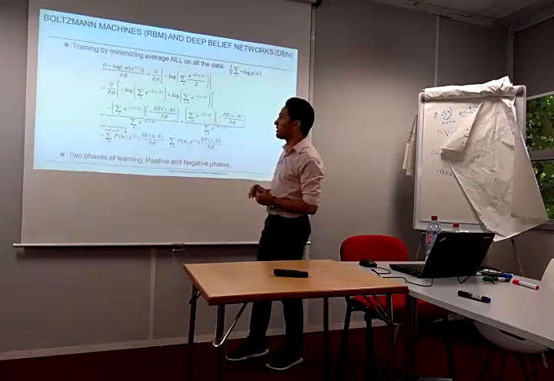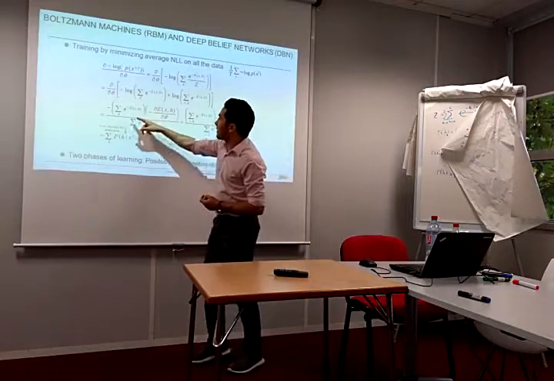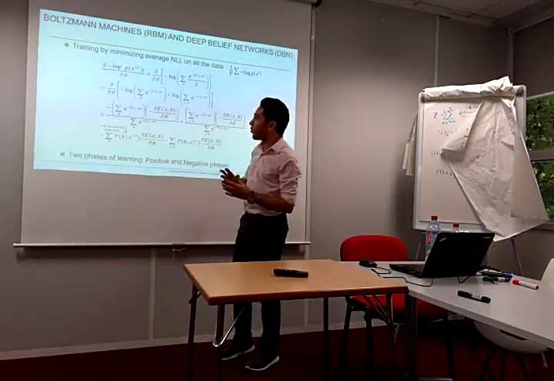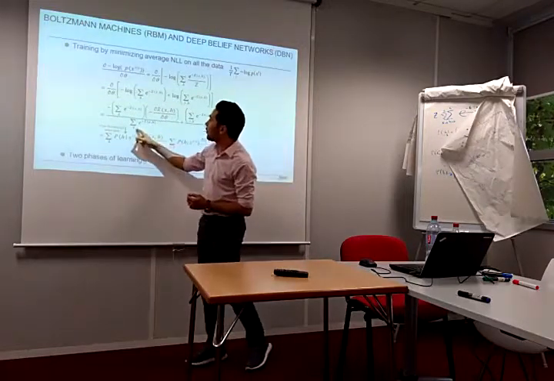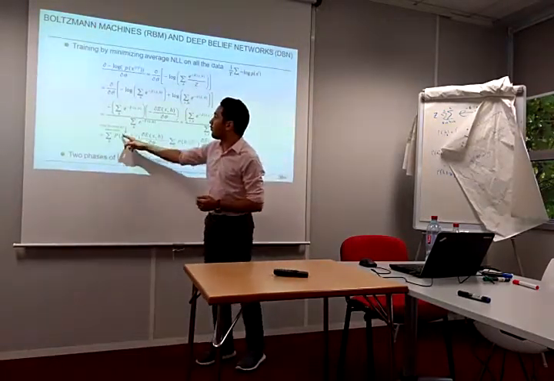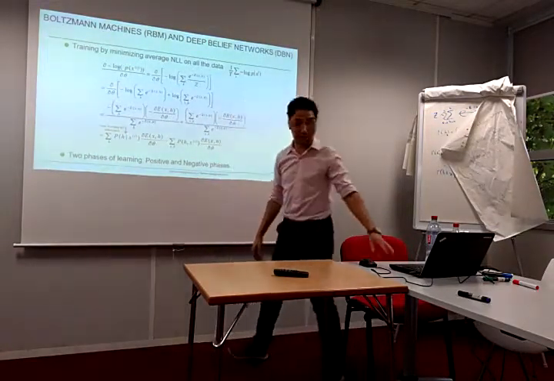Let's even simplify this more. So this minus is cancelled with this minus, and this term is here. And we can say that this term here is p of h given x. How do we say this, if you remember?